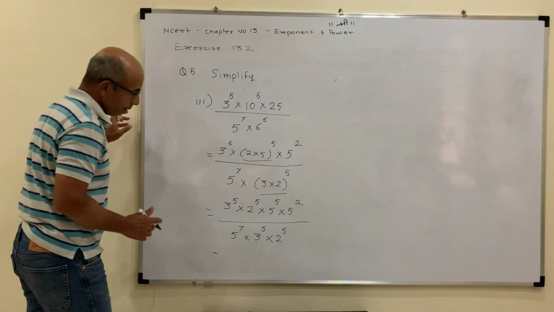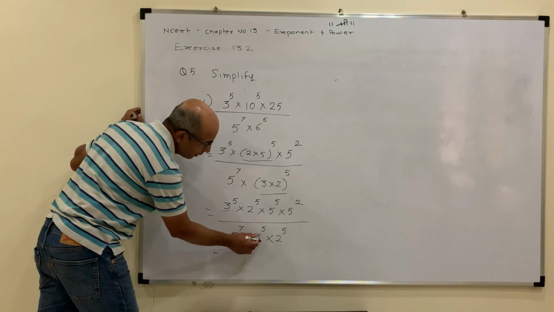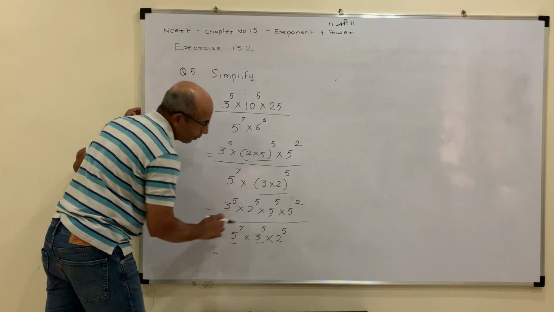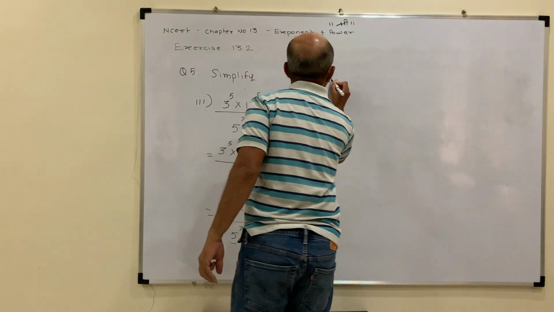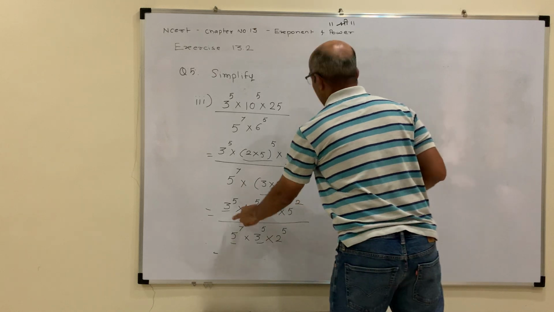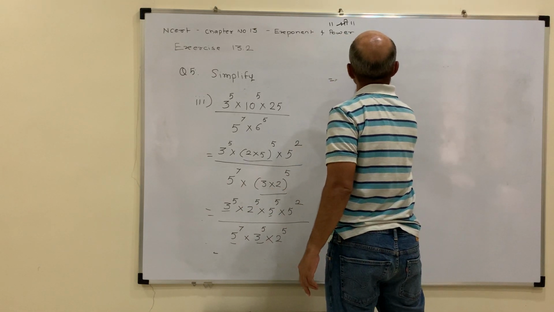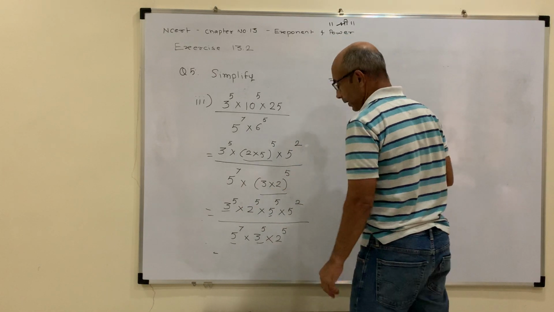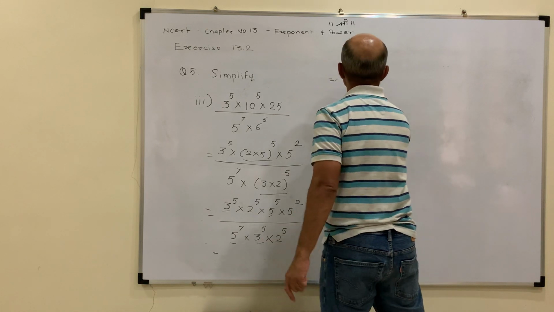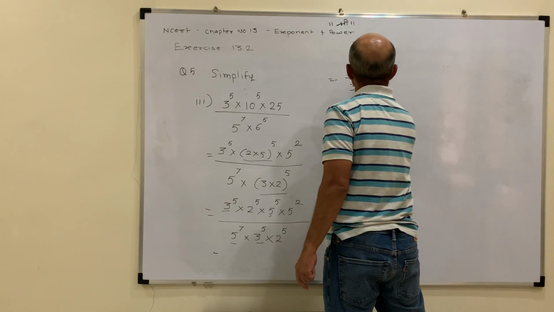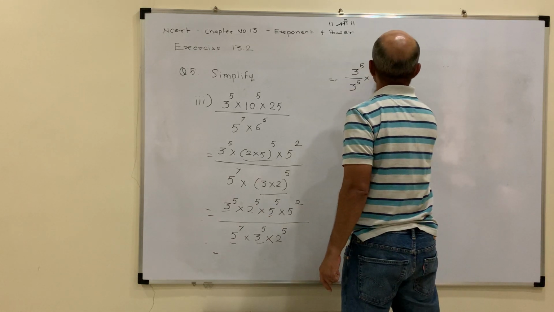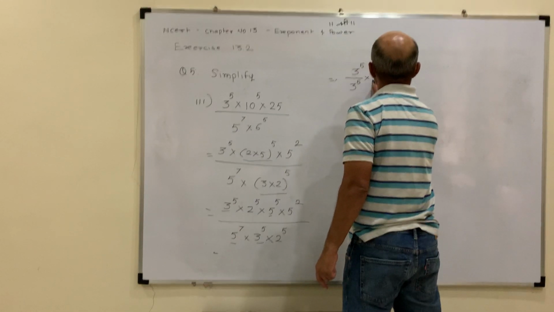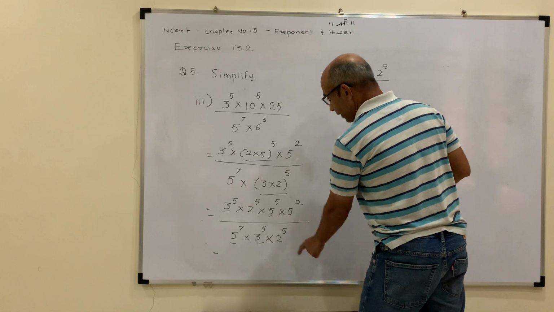So now, wherever the base is same, I will rearrange this complete problem. So first let me take 3. Here 3 raised to 5. So I write 3 raised to 5 divided by 3 raised to 5, into, now I will consider 2, 2 raised to 5 divided by 2 raised to 5.